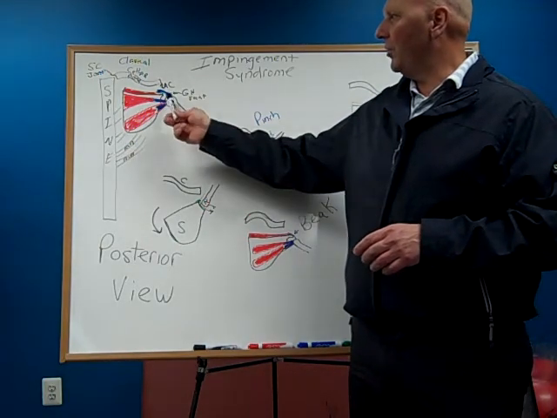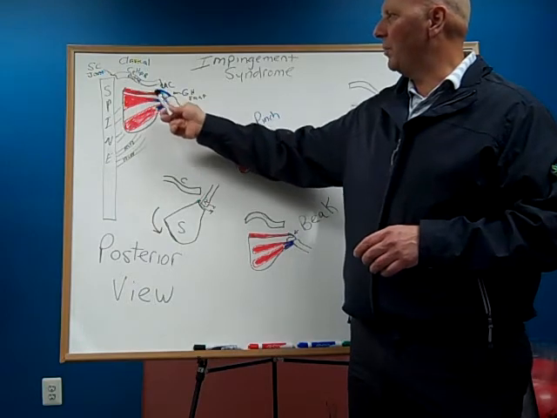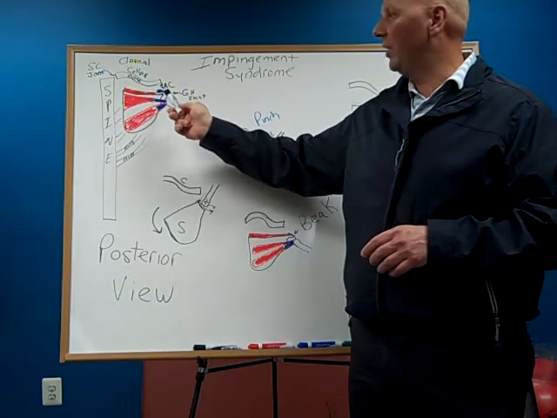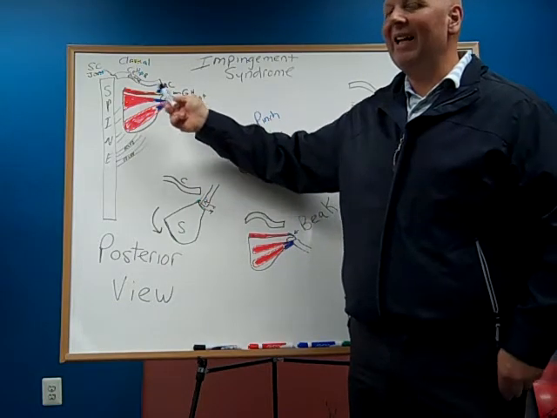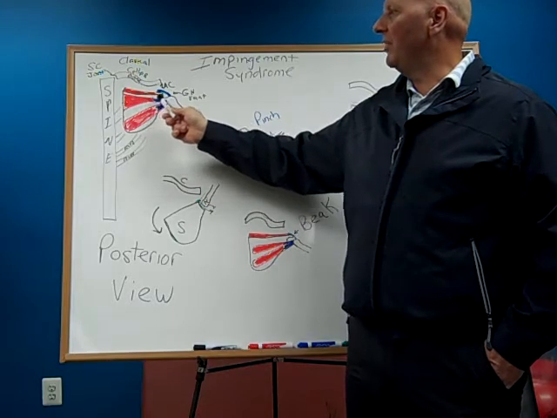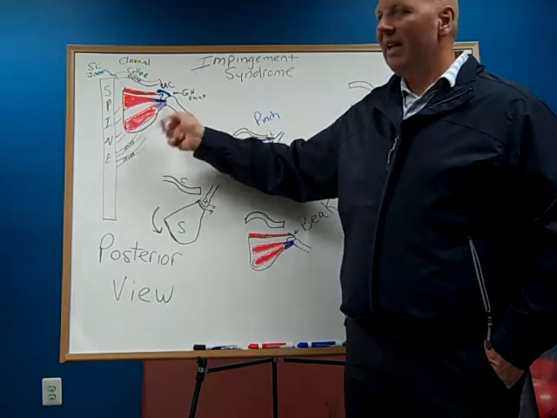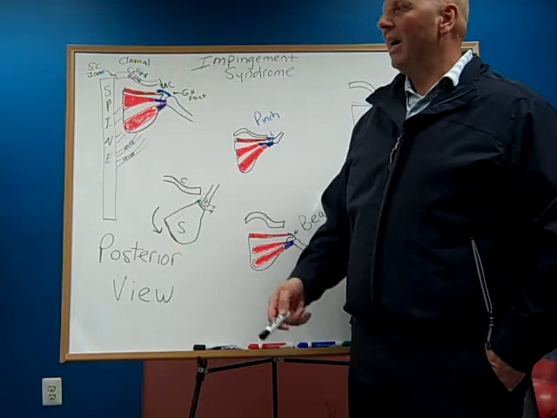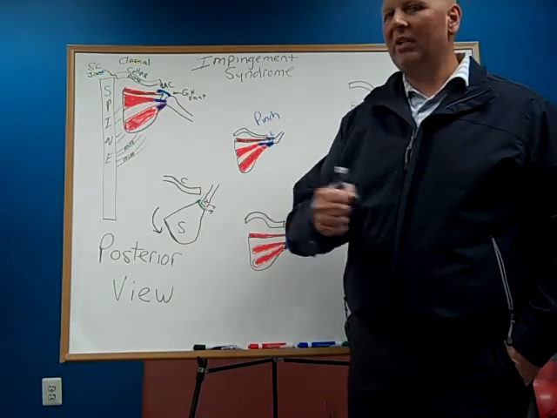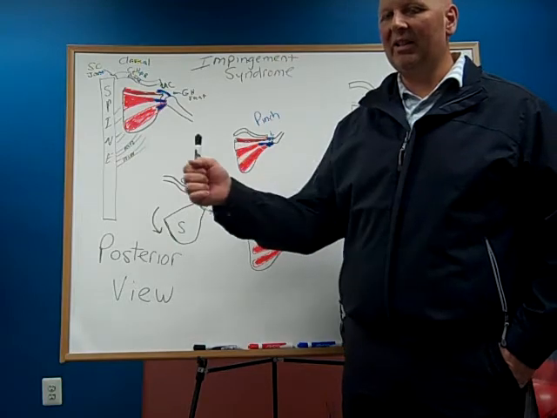So those are the bones, and then you have the supraspinatus with its tendon that connects to the humeral head. This is typically the tendon that is problematic with impingement syndrome. Then you also have the infraspinatus and teres minor. The job of the teres minor and the infraspinatus is to rotate the arm, or externally rotate the arm.